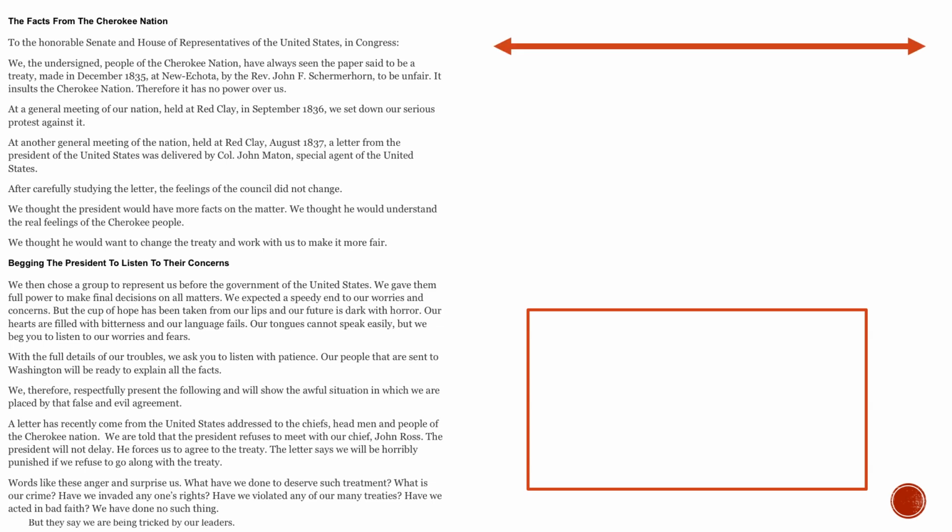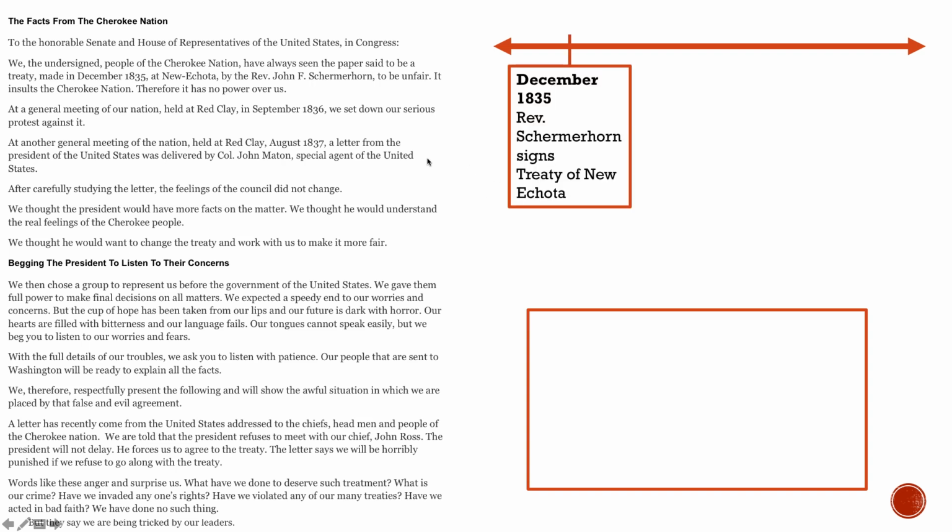So there's a lot of dates here. And I think it's helpful to organize it on a timeline. So here I have an arrow, and then the first date I have on here is December 1835. That is when this Reverend Schermerhorn signs the Treaty of Newsela. He has those 60 or 70 people of bad character that don't represent the whole tribe signing that treaty.